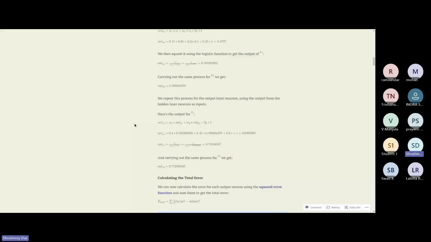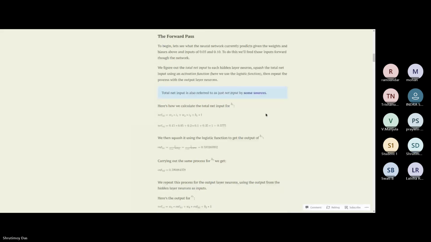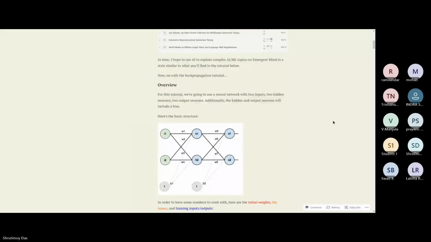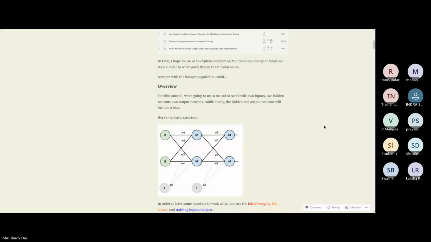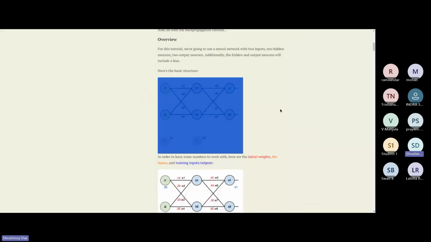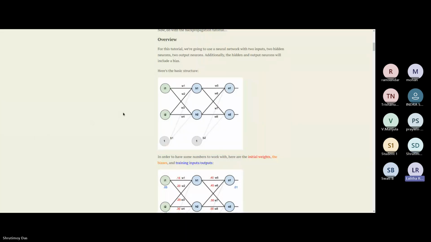Is this visible? Is this visible? No, the whiteboard is not visible again.